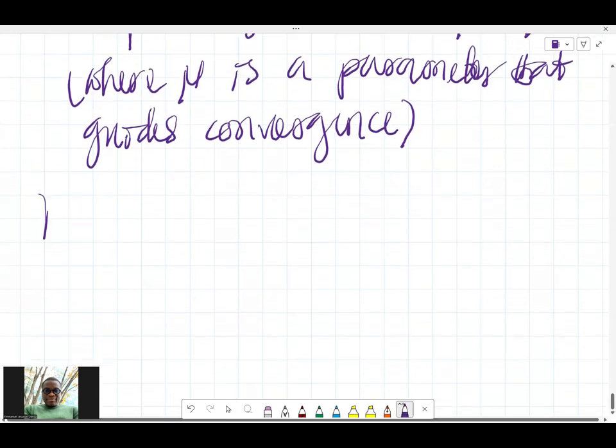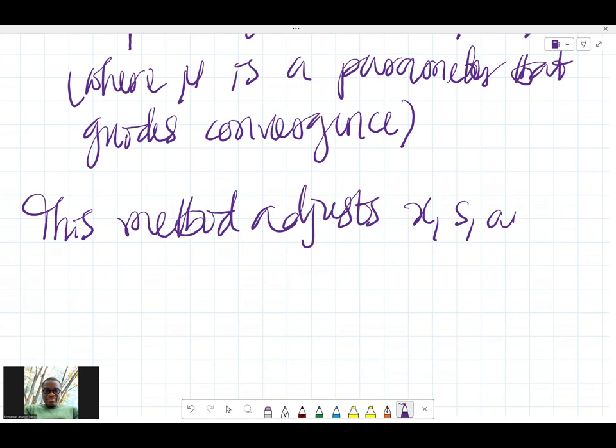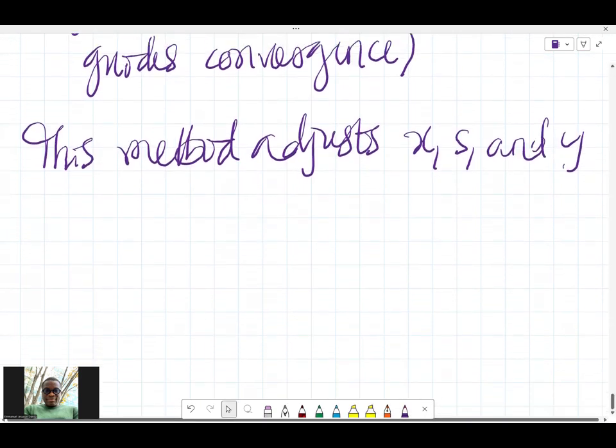So this method adjusts X, S, and Y. Now we are going to finish this with Python. That's why I'm not bothering. If you want to understand Newton's method, you can check the previous video. If you also want to understand linear programming and other methods we use, like graphical solution and the simplex method, you can check the playlist on linear programming.